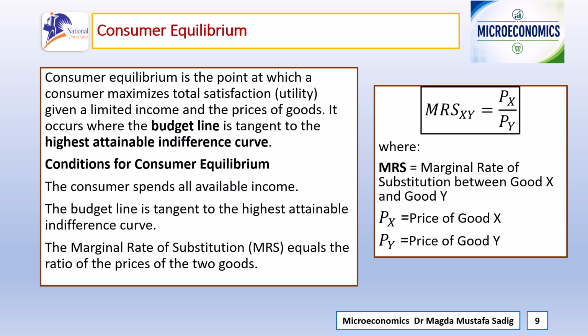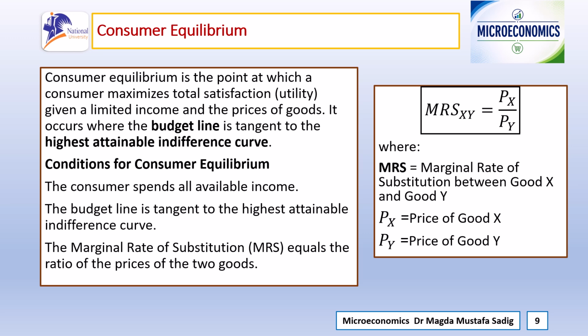And the third is that the marginal rate of substitution, or MRS, is equal to the ratio of prices of the two goods: MRS of X for Y equals price X divided by price Y. This condition ensures that the consumer has reached the optimal combination of the goods.